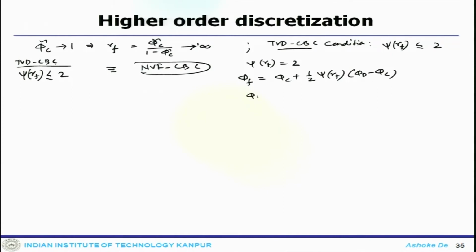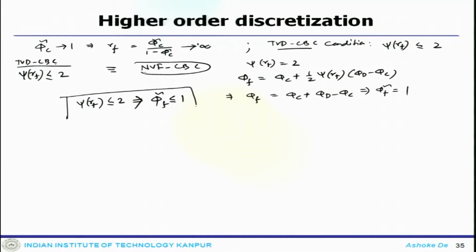That means phi f equals phi c plus phi d minus phi c, which means phi f tilde is 1. So, psi RF less than or equal to 2 gets you back in NVF CBC phi f tilde less than or equal to 1.